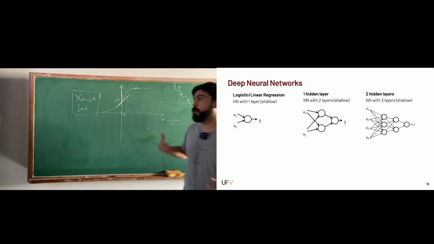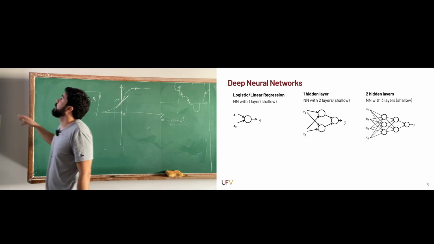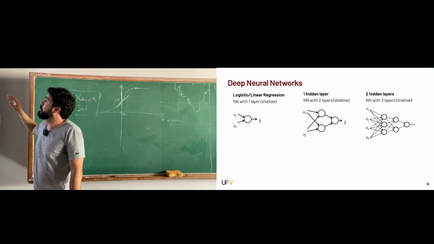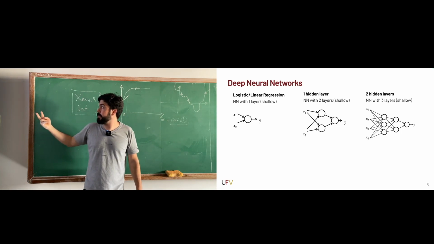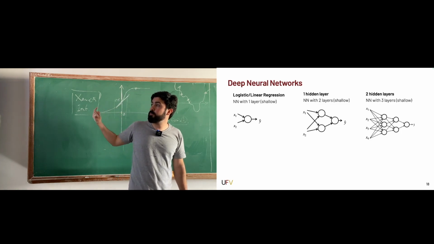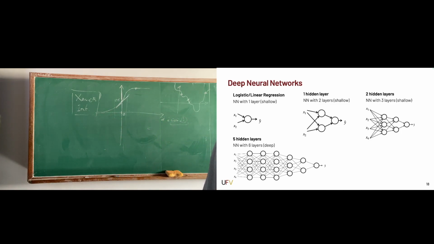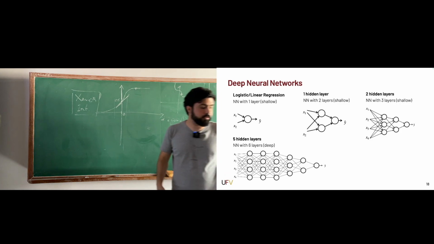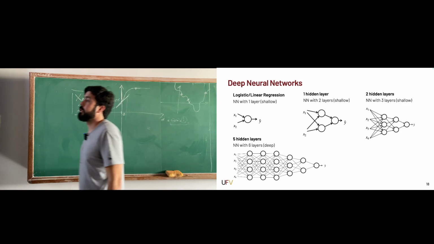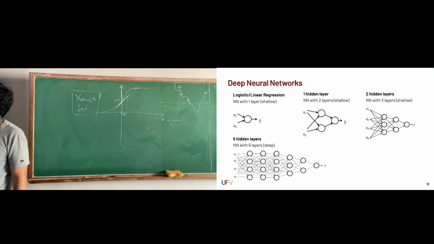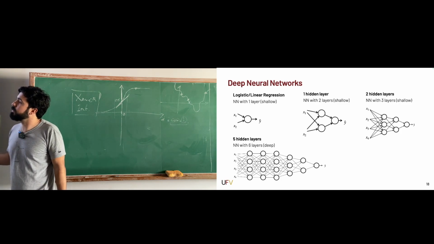And we can keep growing. Here we have a 3-layer network that has 2 hidden layers, and the output layer also has one neuron at the end. And here is a deeper neural network with 6 layers: 5 hidden layers and 1 output layer.